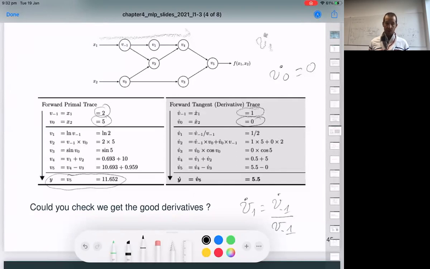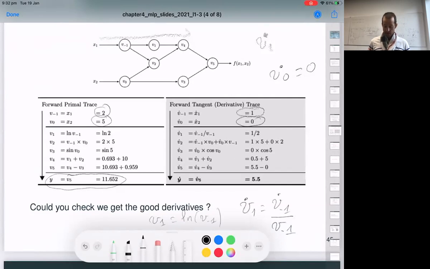You remember what v1 is equal to? Yes, v1 is equal to ln of v minus 1.